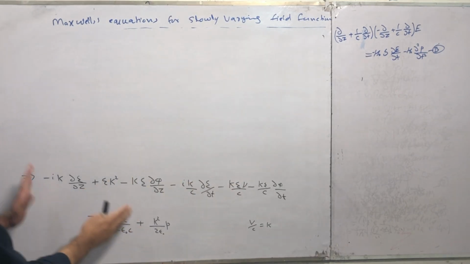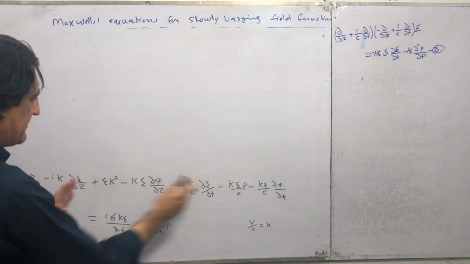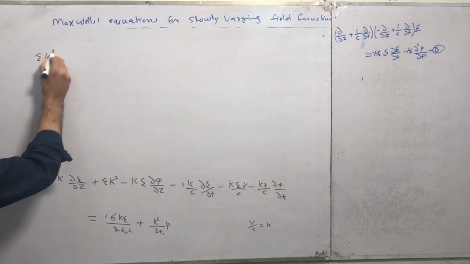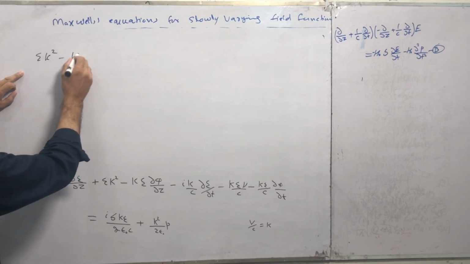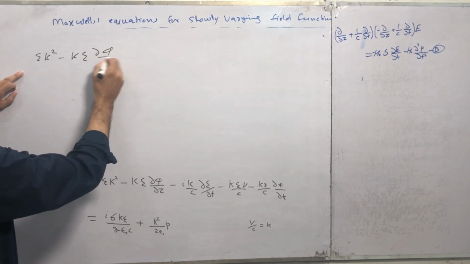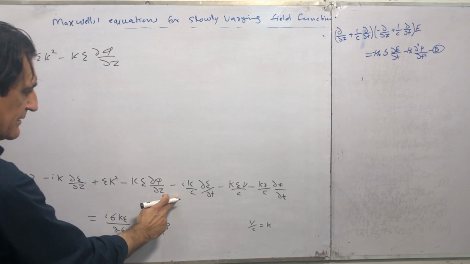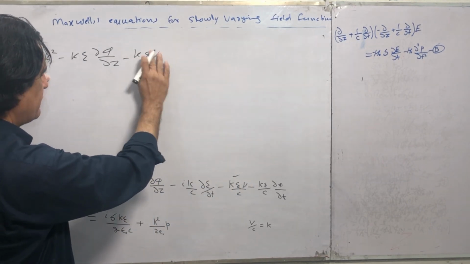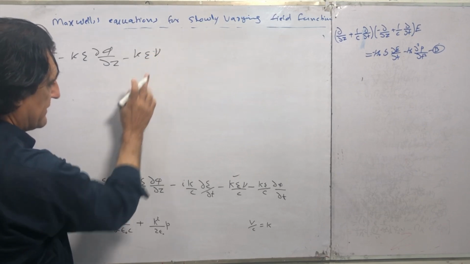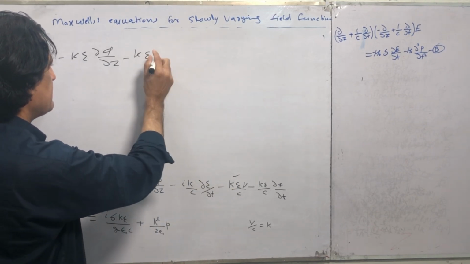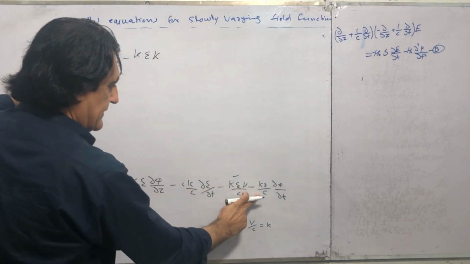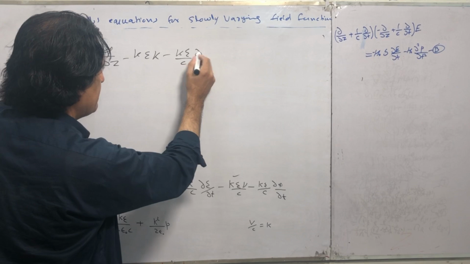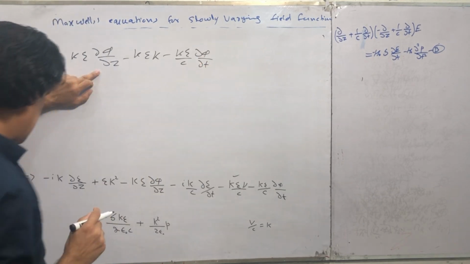Now from this equation, separate the real and imaginary parts. So this is e k square, this is real, minus k e partial phi divided by partial z, and this one minus k e nu divided by c, nu divided by c is equal to k, and minus k e divided by c partial phi divided by partial t.